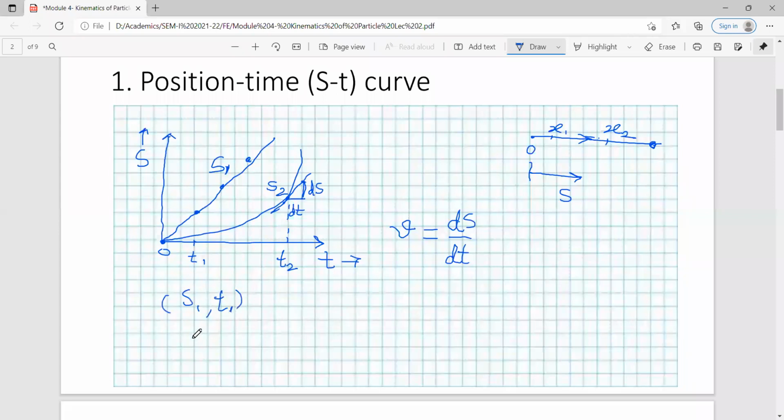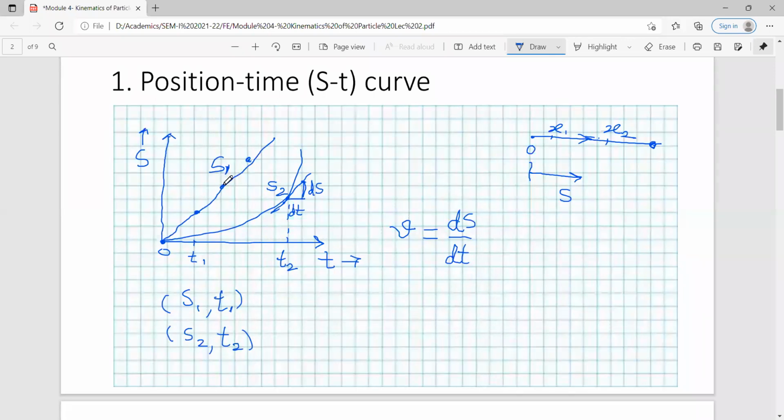t1, then s2 at a particular time t2, and you are plotting all these points here. After that you are connecting them.